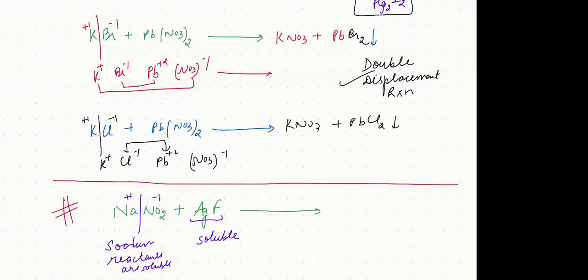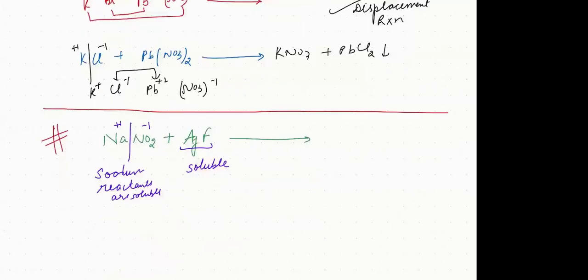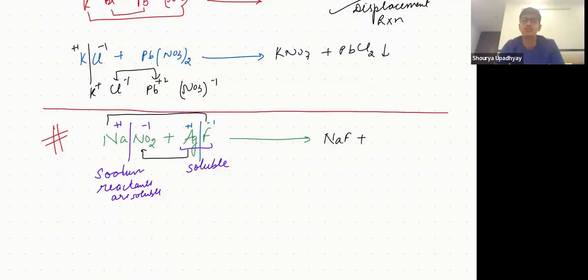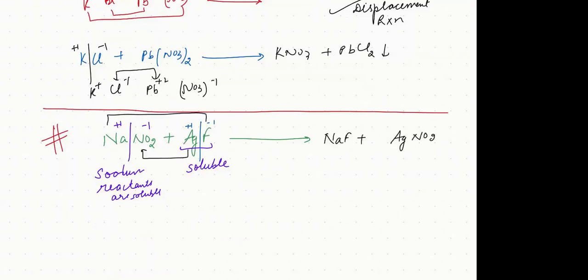So if the reactants are soluble, that would mean that they are going to break down into their respective ions. So this is positive and this is negative. Now the positive goes with negative and the negative goes with positive. So I get NaF and I get AgNO2. And I know that all salts of silver form precipitate except AgNO3 and AgF. That's the rule.